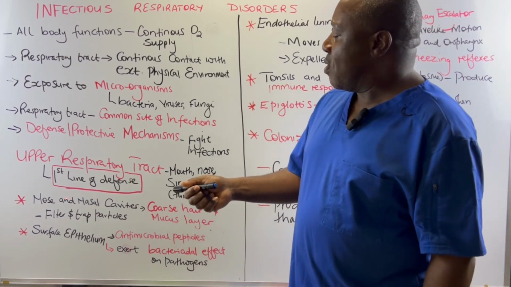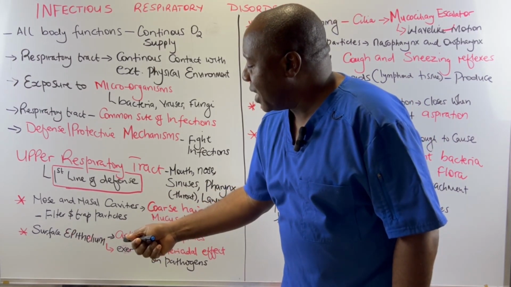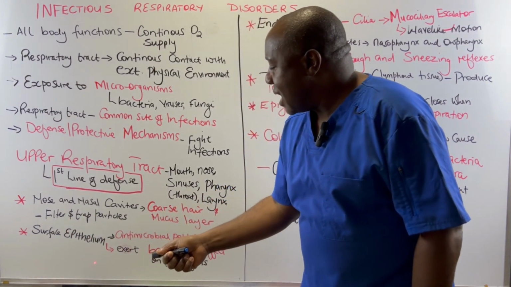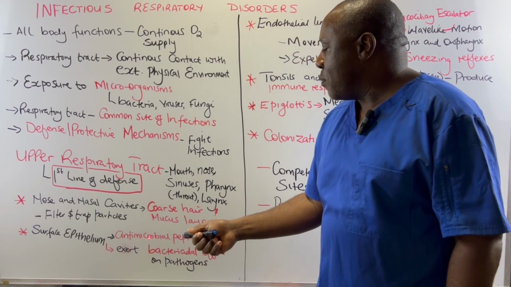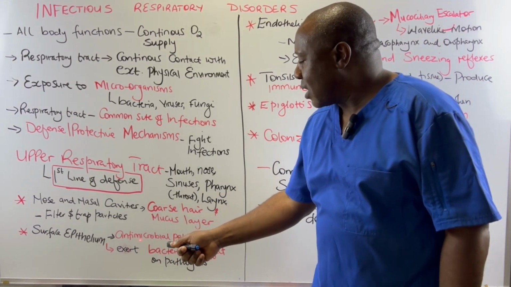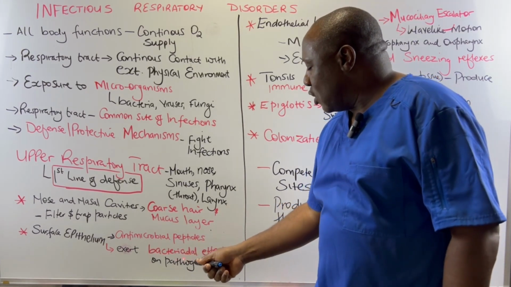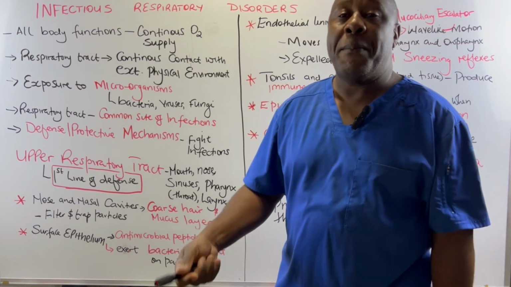And then as we move on in the upper respiratory tract, we have the surface epithelium. The surface epithelium has antimicrobial peptides. These are like proteins, and these antimicrobial peptides normally exert a bactericidal effect on pathogens.